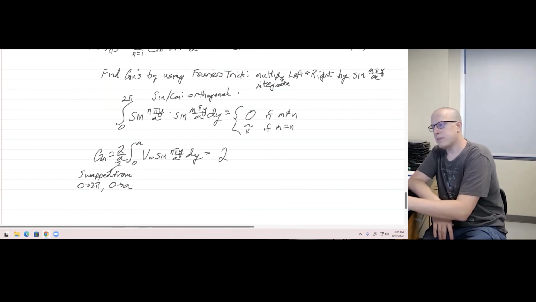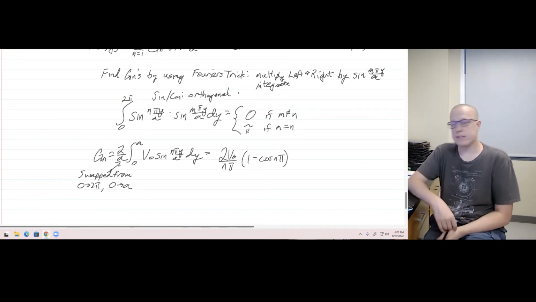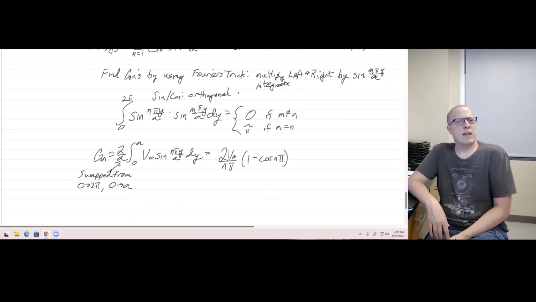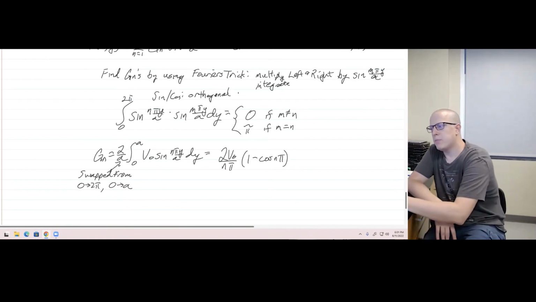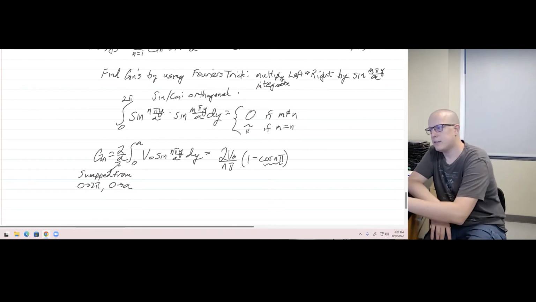You end up with something like 2 v0 over n pi times 1 minus cosine of n pi. That's the answer to this integral. And we can simplify this a little bit more because we can figure out what cosine of n pi does.